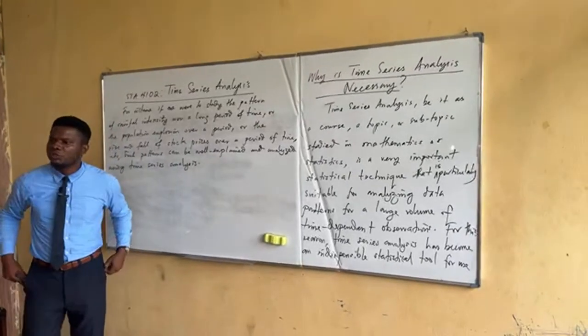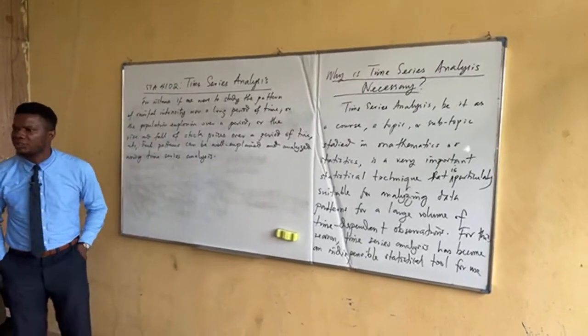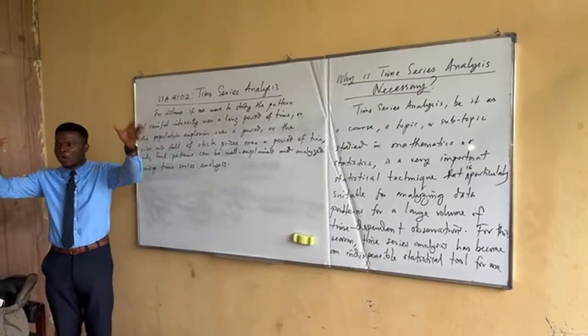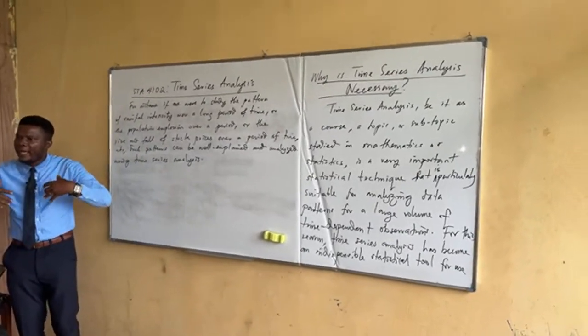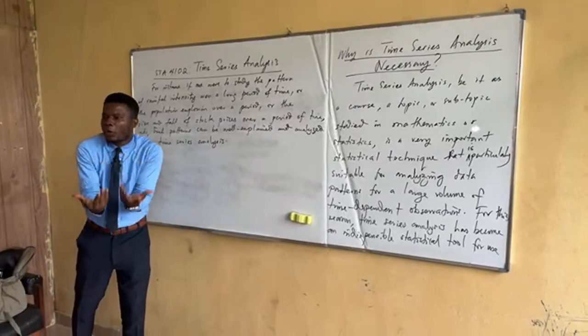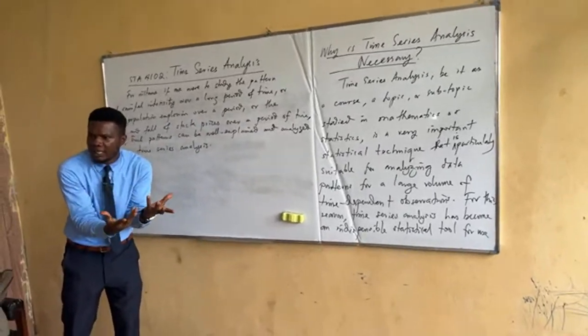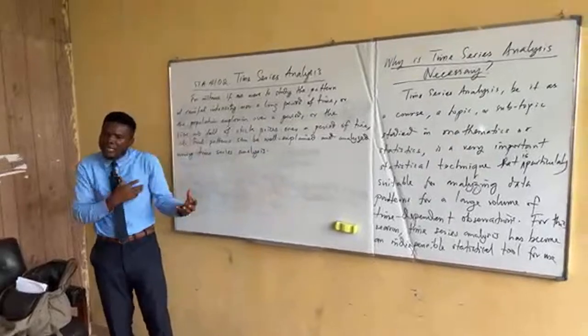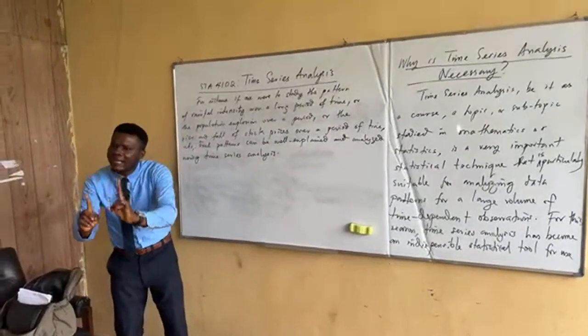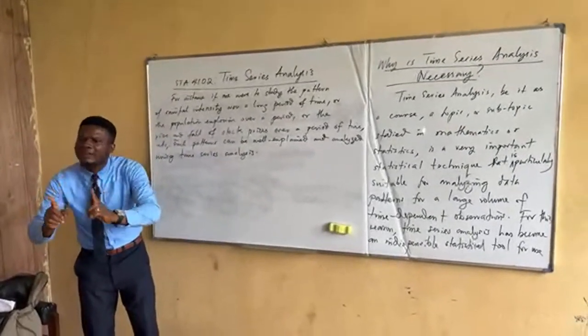Those of you wanting to write a project on time series, you can now start thinking with a broad mind. What kind of topic am I looking at? You get me now? Because you now know the kind of data you should be looking at. And that tells you that time series can never fail.